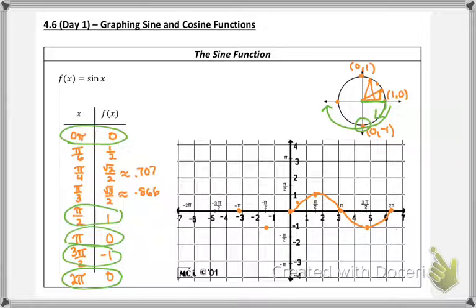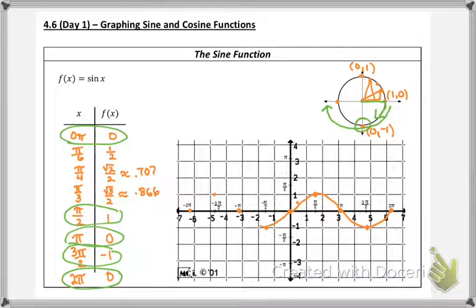And then if I go negative 3 pi over 2, so rotate my angle clockwise 270 degrees, my y-coordinate would be back at 1. And then rotate clockwise 2 pi radians. So go 1 full circle clockwise and back at 0.